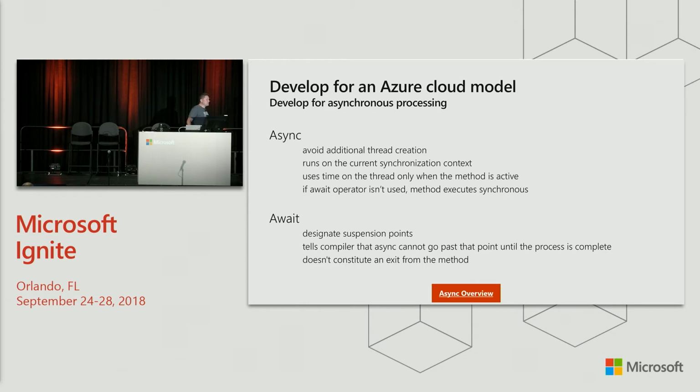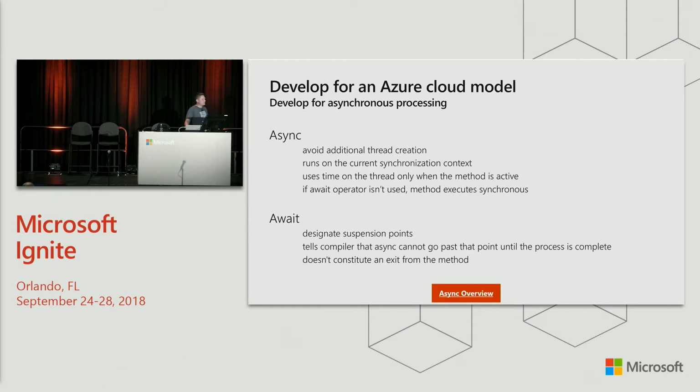So why async and await? Async will avoid additional thread creation. It's going to run in that current context. And essentially, if the await operator isn't used, that method is going to process synchronously. The await operator is designating those suspension points.